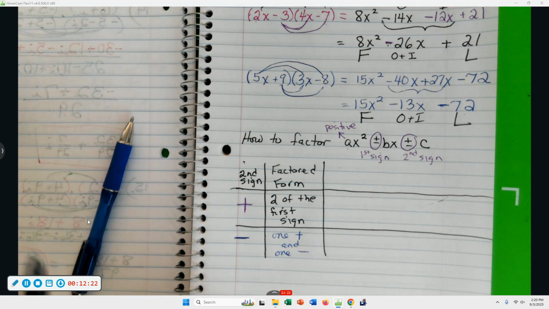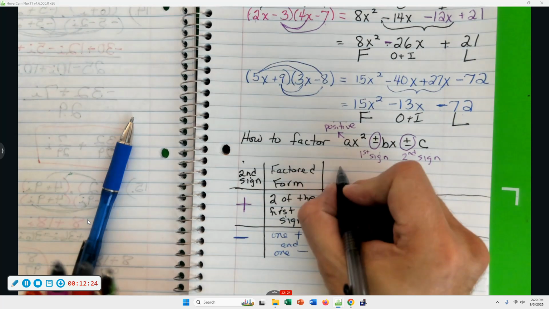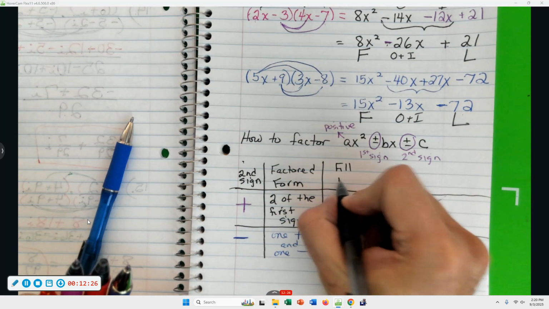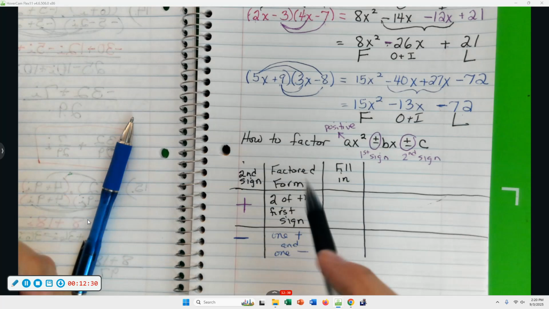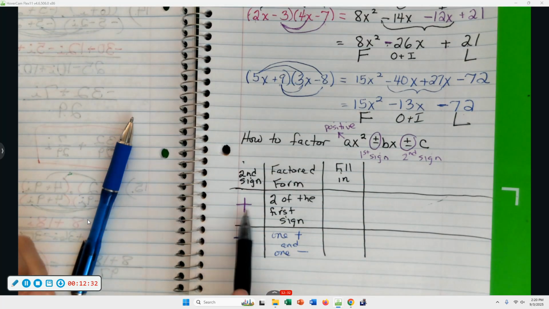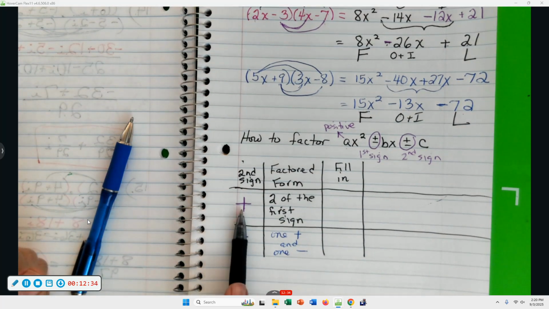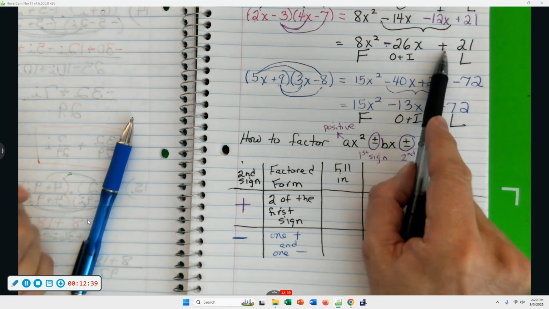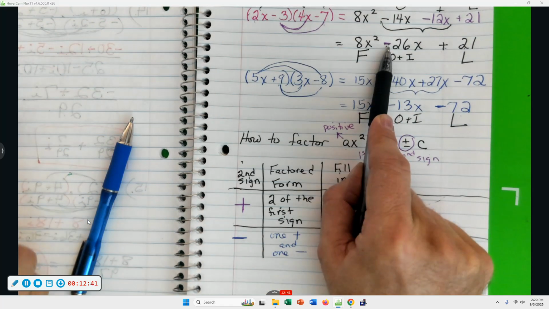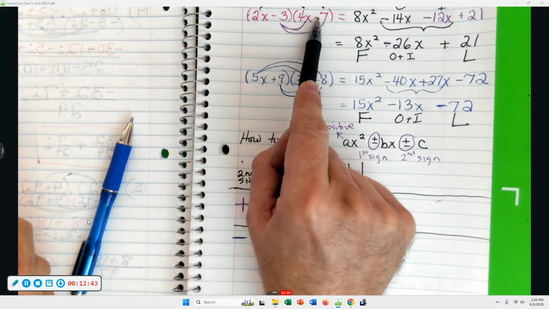Now, for these signs, I will fill them in immediately if it's this first case. If the second sign is plus, you have 2 of the first sign. Second sign is plus, 2 minuses. I'd fill it in first, immediately.